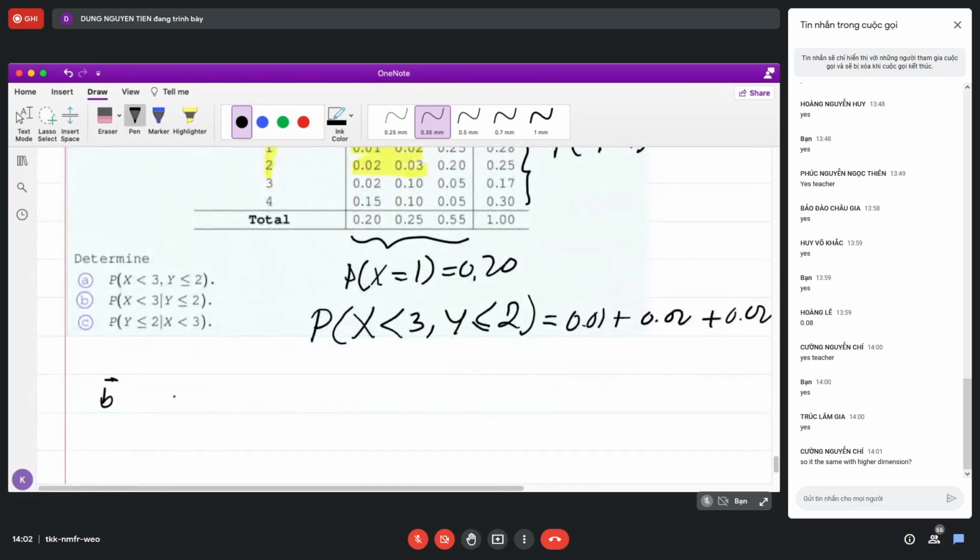Question B. What is the probability that x is less than 3 given that y is less than or equal to 2? What do you think?